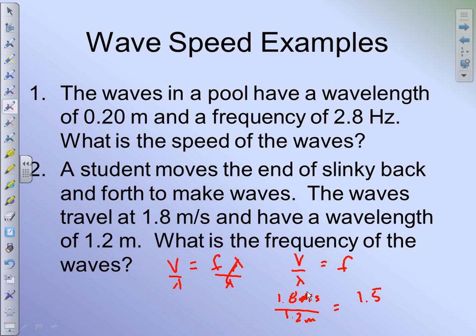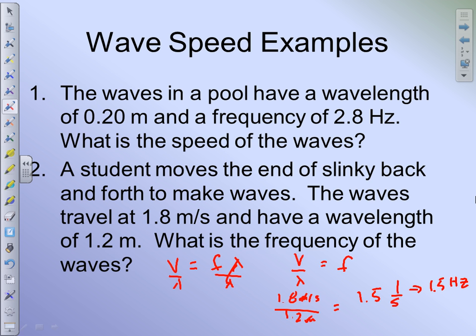They're going to cancel because you got that there and that there, and you're left with 1 over seconds. Okay? It's a seconds, but it's in the denominator. That's all right. That's what hertz represents. So unit-wise, you're left with 1 over a second. We simplify that to 1.5 hertz.